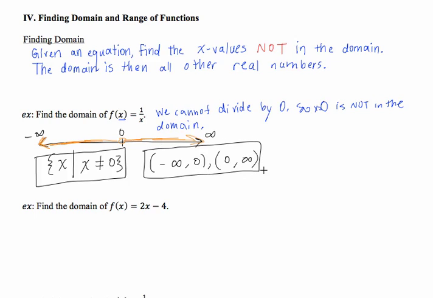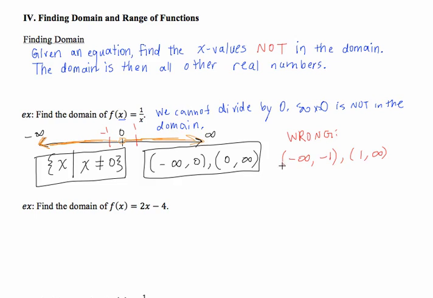Okay, now a common mistake, let me show you this mistake I see a lot, is sometimes students will do this. They'd say the domain is from negative infinity to negative 1 and from 1 to infinity. What's wrong with this is that you're not including all those decimal numbers between negative 1 and 0 and between 0 and 1.